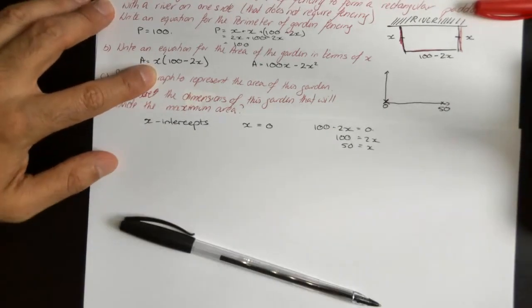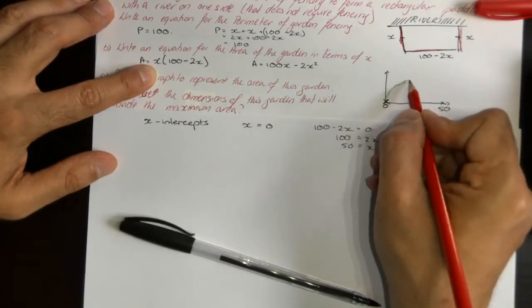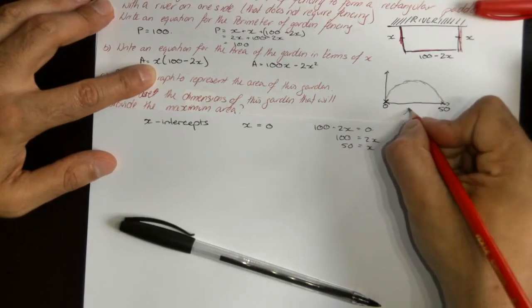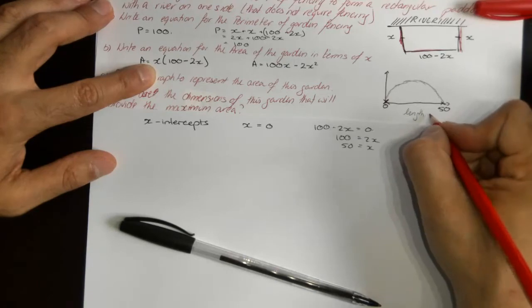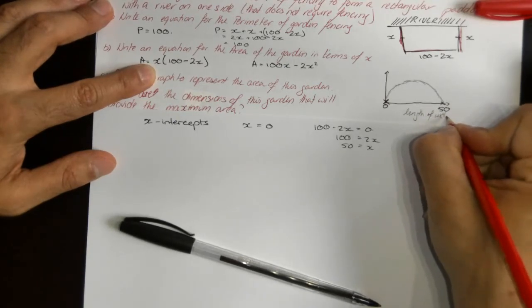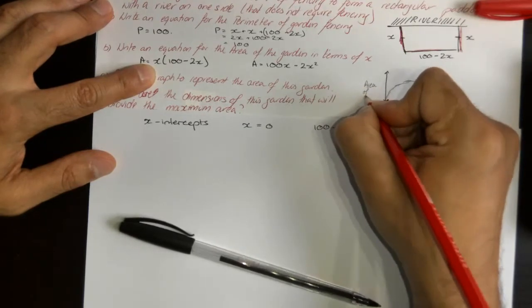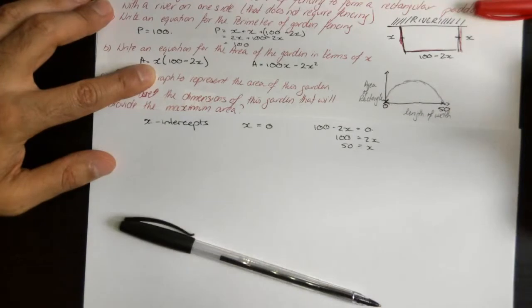And as I said, we had a concave down parabola, so it looks a bit like this. This is obviously our width, really. And this is our area of our rectangle.